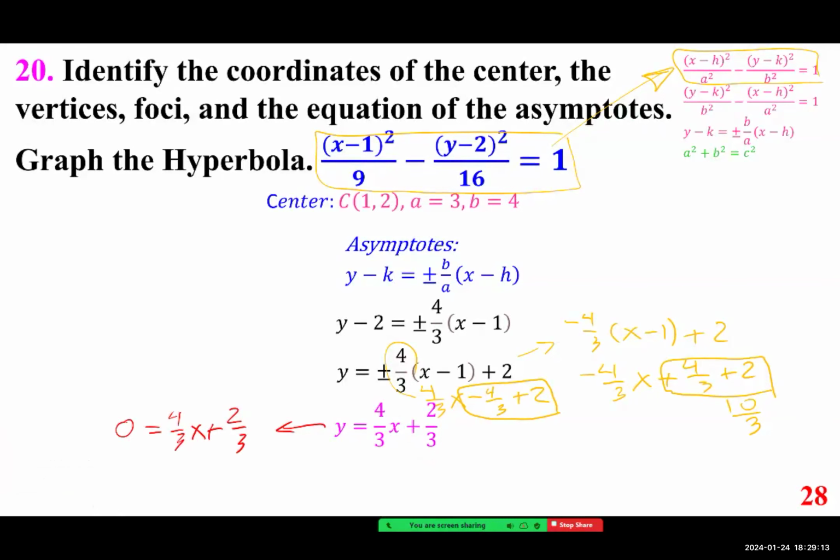I can move the 2/3, making it minus 2/3 equals 4/3 x, and drop the denominator, and x becomes negative 1/2. So I have those two pairs.